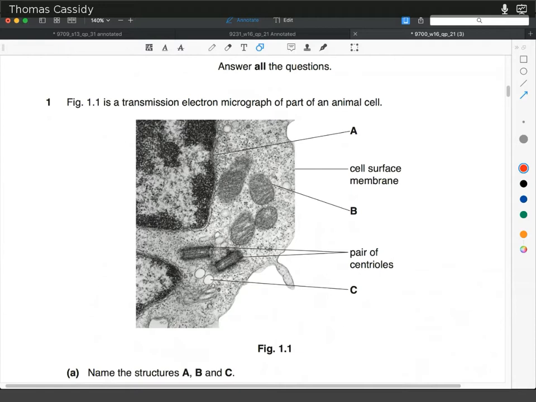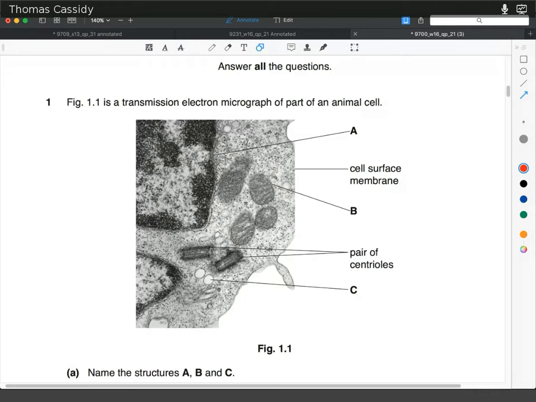And then C points to down here. Now this isn't really an organelle, so to speak, but this is more of a space, and you can see it's almost like a void in the rest of the stuff you've got here in the cytoplasm.